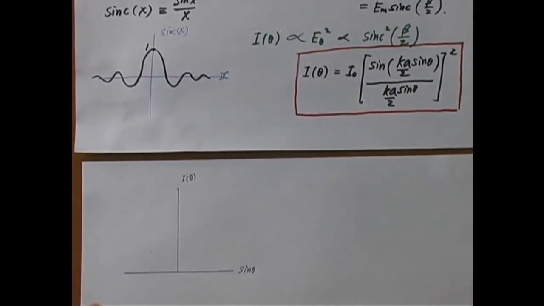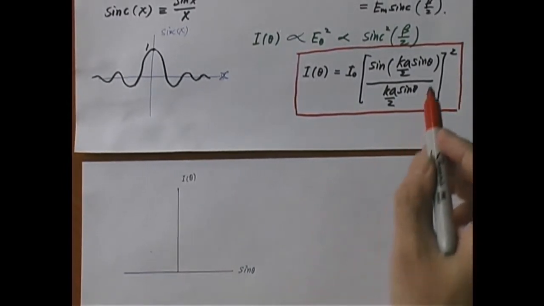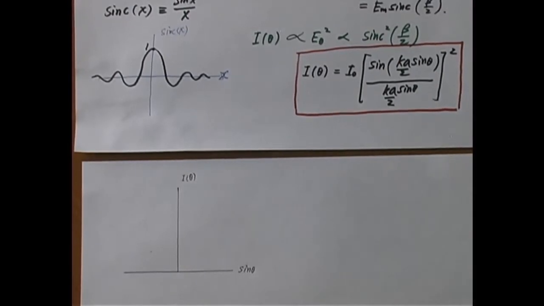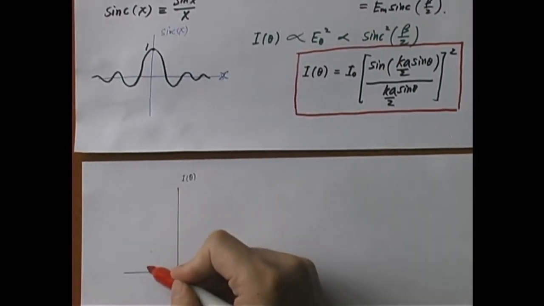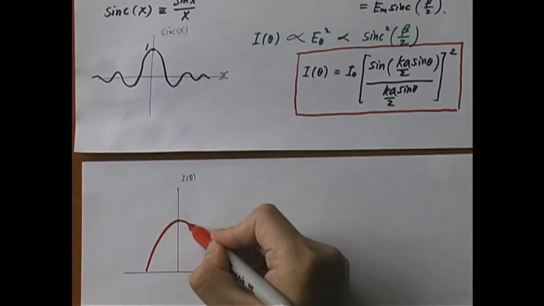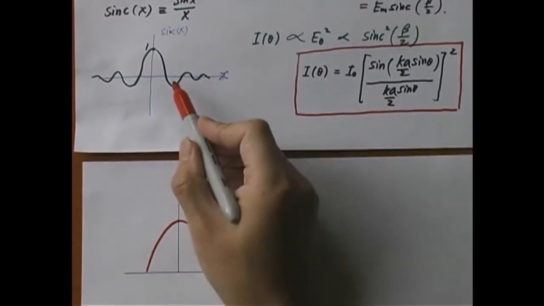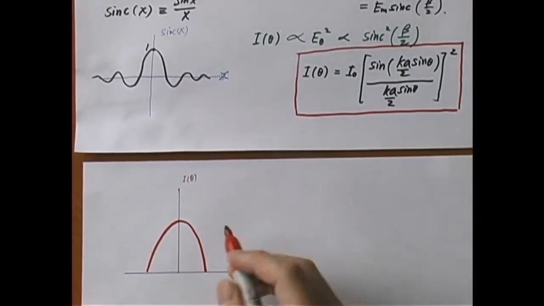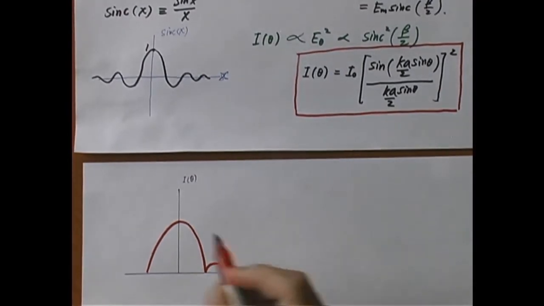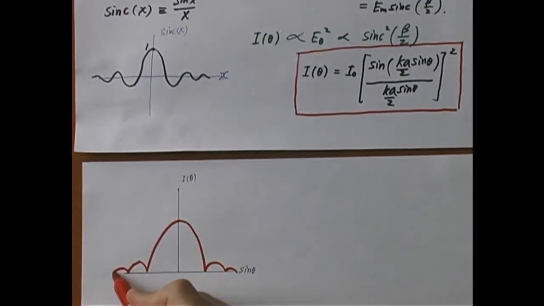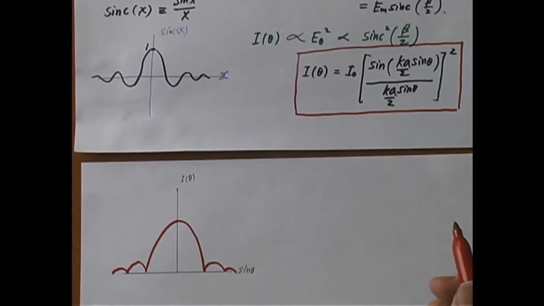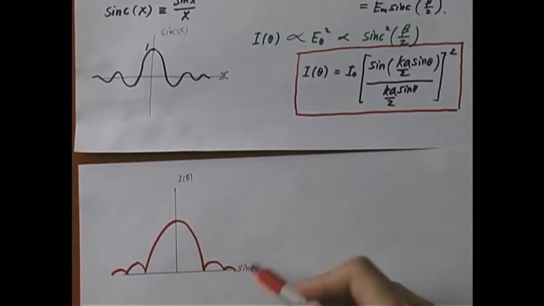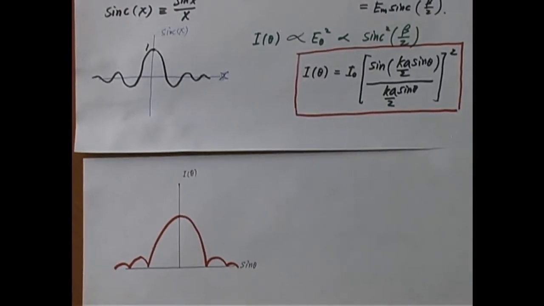At x equal to 0, or theta equal to 0, you have in fact the greatest intensity. So it looks like this. Now don't forget the negative has to be flipped up because you square it. So then it looks like this. Unlike the two-slit interference pattern, which is just a cosine squared function that keeps on going and never diminishes, here it's different.